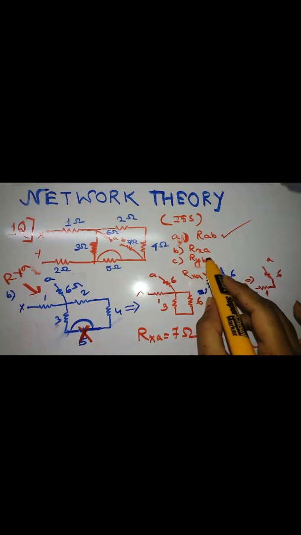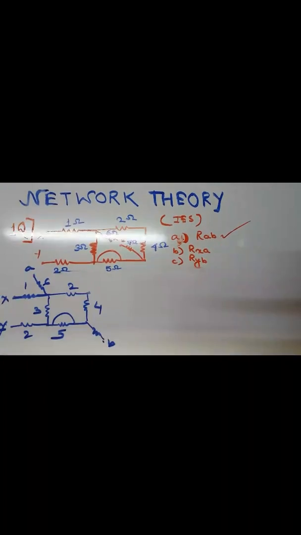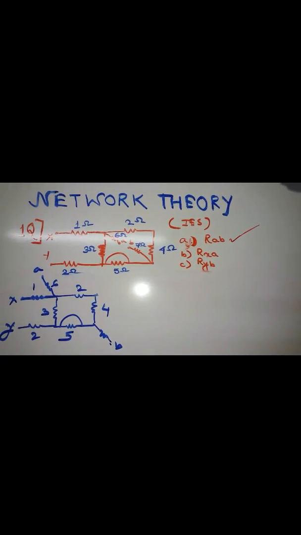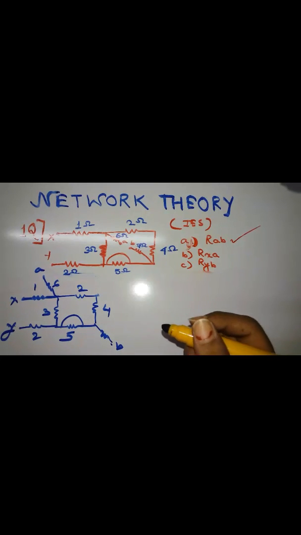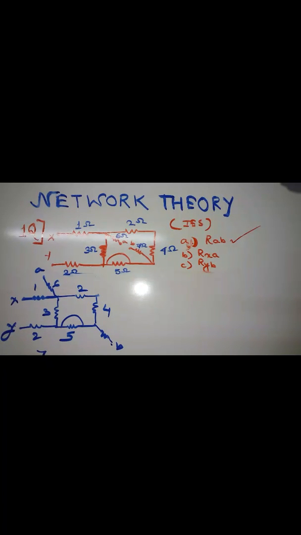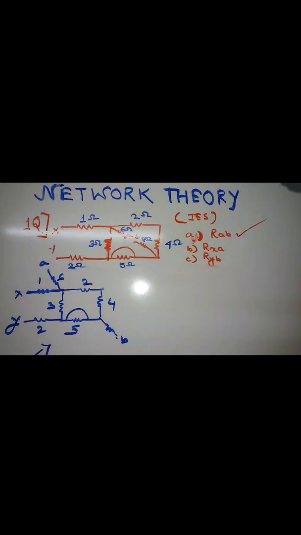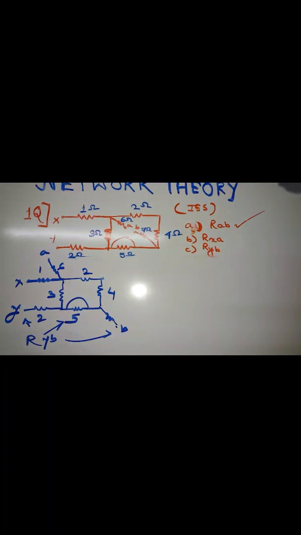Now next, what we have to find? We have to find RYB. So come on, let's find. Now you look at here, we will be finding across RYB, this side, isn't it? Okay, so let's start with our first step.